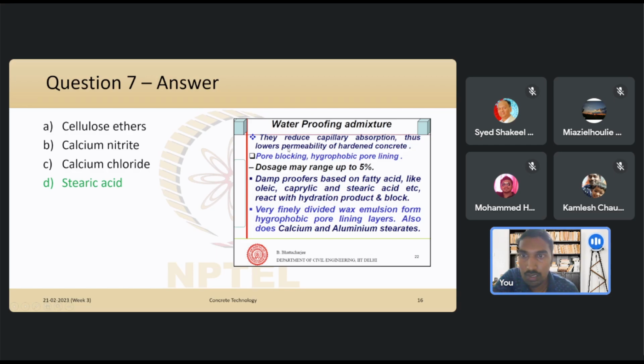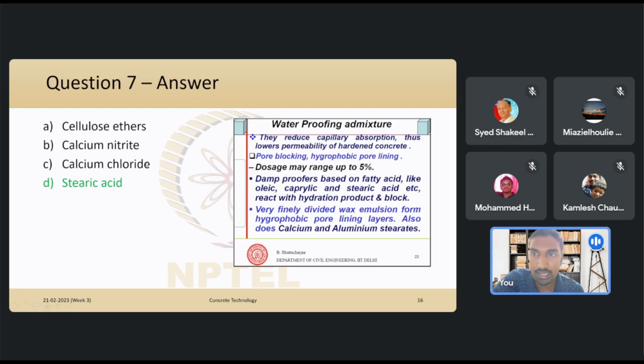To do that, we have to reduce the permeability, so we should reduce the amount of water that's going to enter into the concrete. For that we reduce the capillary absorption. The fatty acids like oleic, caprylic and stearic acid help us block these capillary pores, and therefore act as waterproofing admixtures.